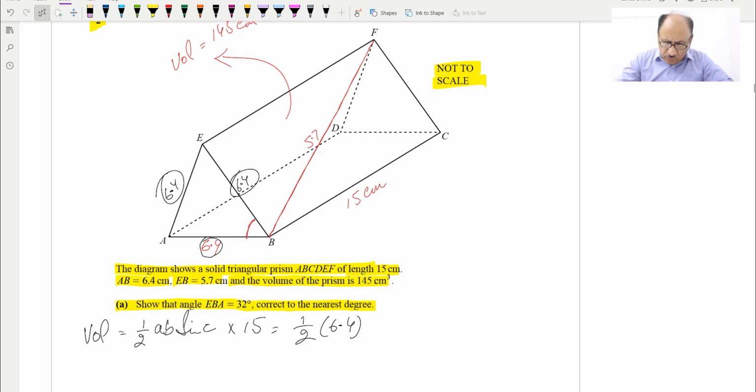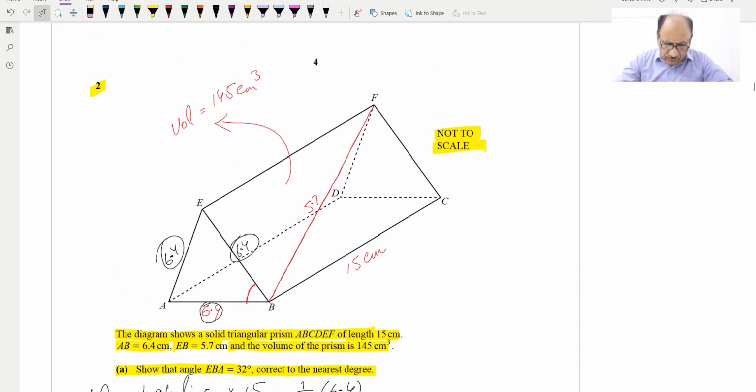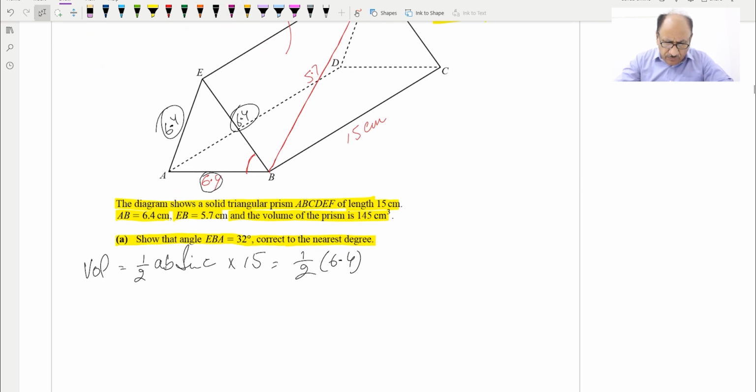Wait, show that EBA is equal to 32. Okay, so half into AB sine C. 5.7 is EB, sorry, it's not 6.5. This is 5.7, which is mentioned over here. So this side will be 5.7.